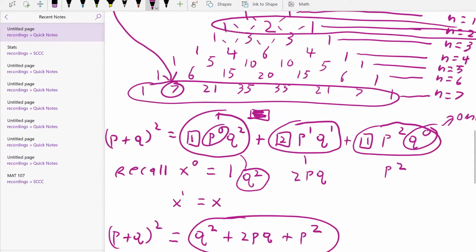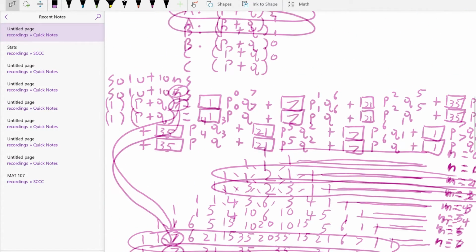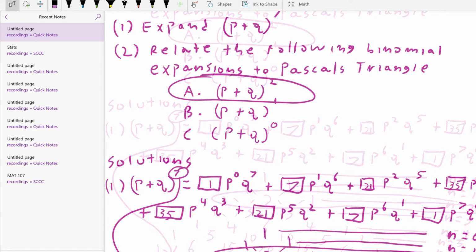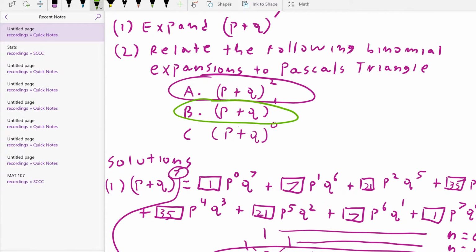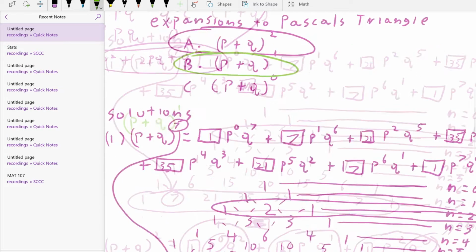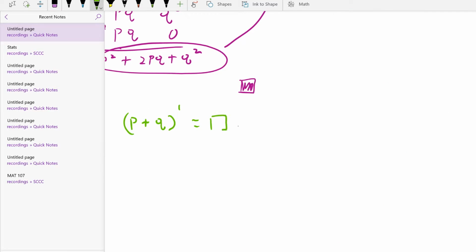And now let's look at something that's actually easier but could seem more complicated. So now let's look at part B, p plus q to the first power. Now this is equal to some number times p to the 0, q to the 1, plus some number times p to the 1, q to the 0. Now let's see if the pattern is consistent with the more complicated questions that we have done so far.